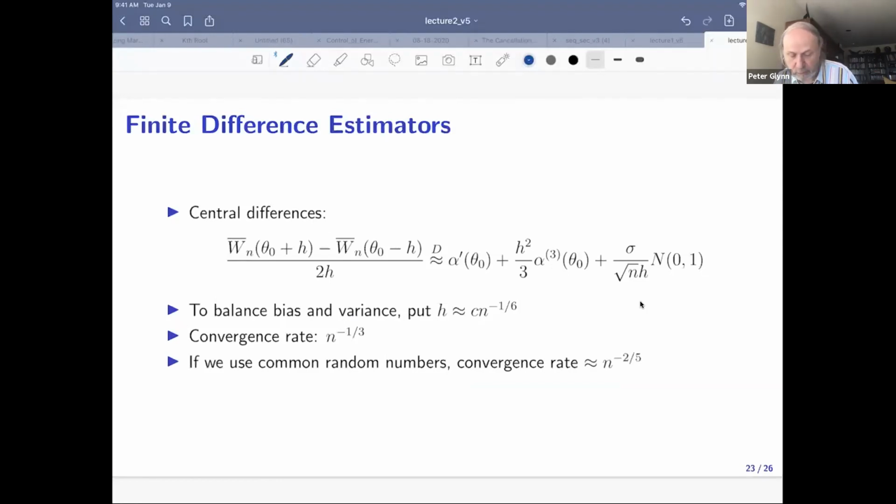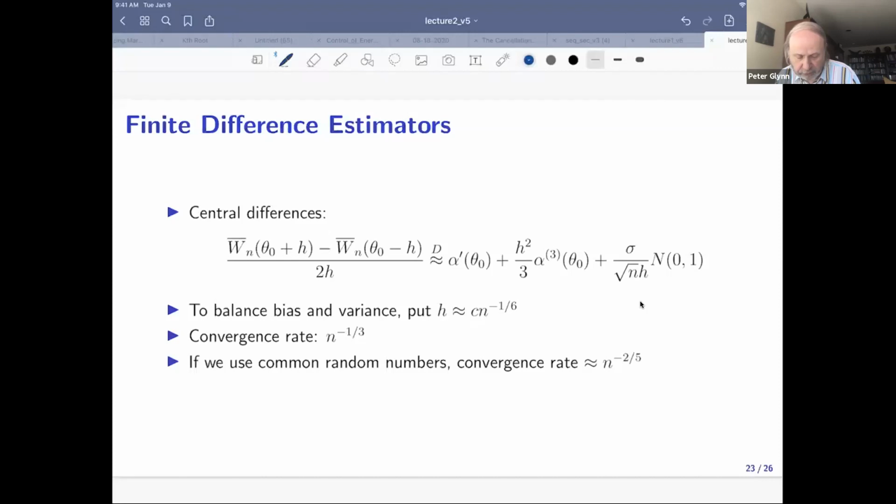They typically would converge significantly slower than would the likelihood ratio gradient estimates that I was just describing. When you apply finite differences, one thing to be aware of is, just as in the world of deterministic numerical calculation, when you want to compute derivatives or gradients, you always do better by using central difference approximations rather than forward difference or backward difference approximations.